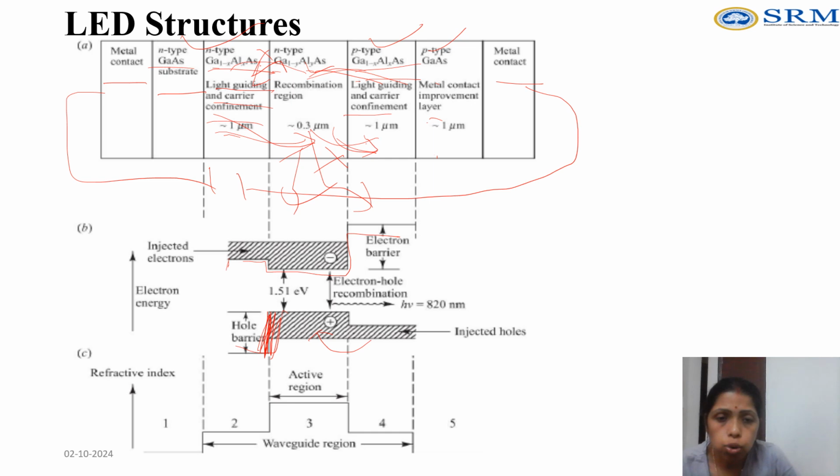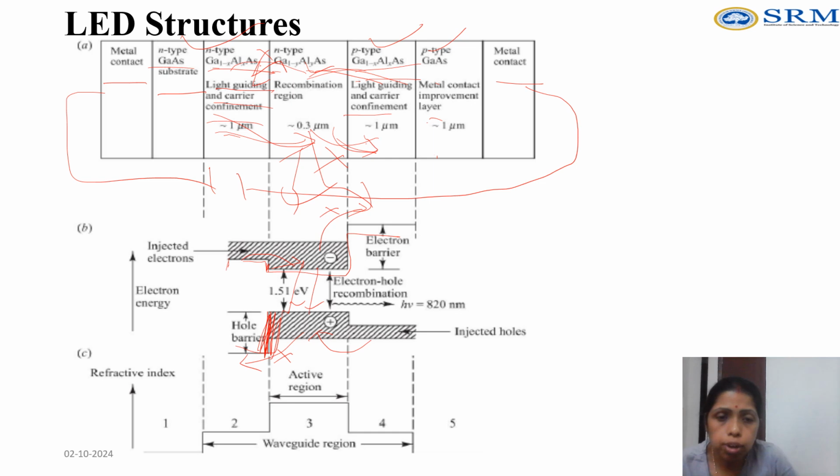Due to that the hole will not move into that area. And here also you can see this is a lower band gap, and then the interface band gap. The electron can easily inject from this side to this side, and this is the high band gap, so the electron will not move from this side to this side. So the electron will be confined here, the hole will be confined here, right? After that the recombination will take place here and the photon will be generated.